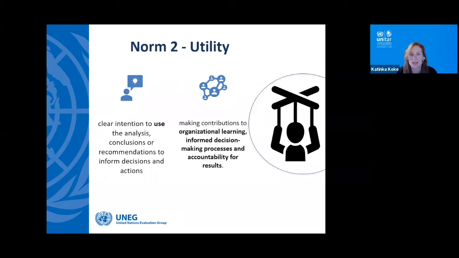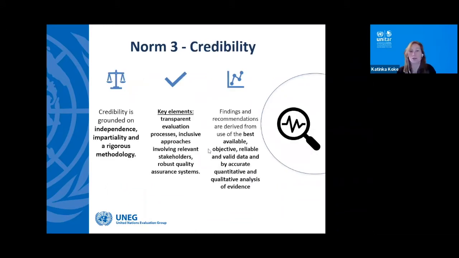Let's move to the next poll, and first the next norm. The next norm is about credibility. Just to remind ourselves very quickly what credibility was about, highlighting just 3 core elements here. Credibility is grounded, and that's also closely linked to some other norms, for example, independence, impartiality, and of course a rigorous methodology.